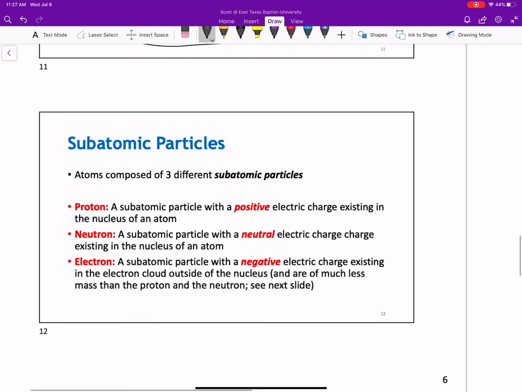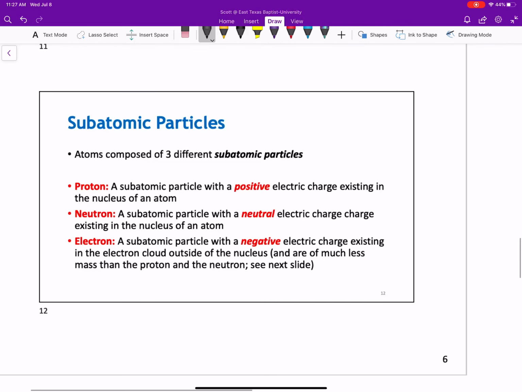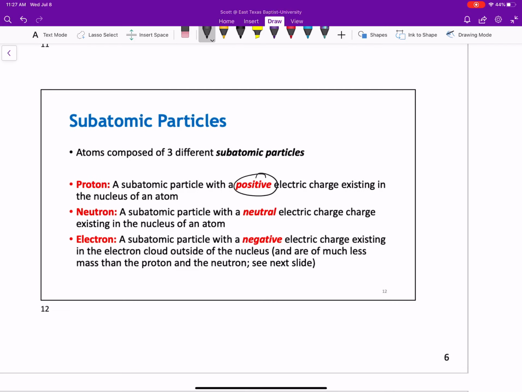That'll help you. Here are our 3 subatomic particles. You'll see these in varying ratios in every single atom on the periodic table. So proton is positive, easy enough. P and P, proton positive. Neutron is not negative, okay? Neutron is neutral, so get the NEU. Neutron is neutral.